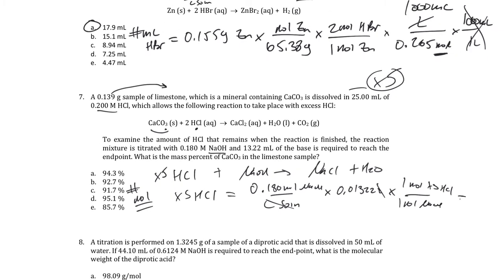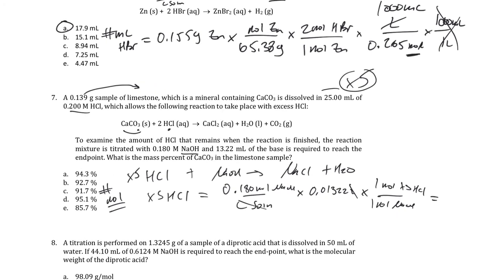And so I have 0.180 times 0.01322, which is 0.00238 moles of HCl present in excess.